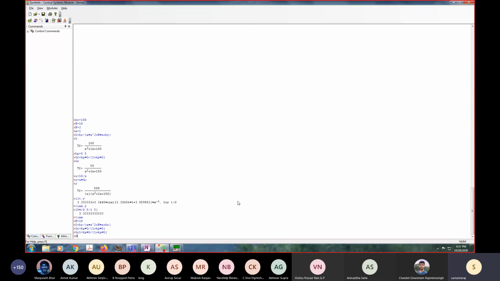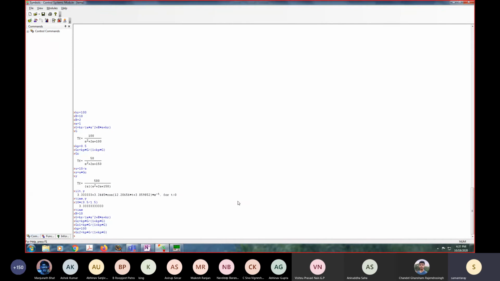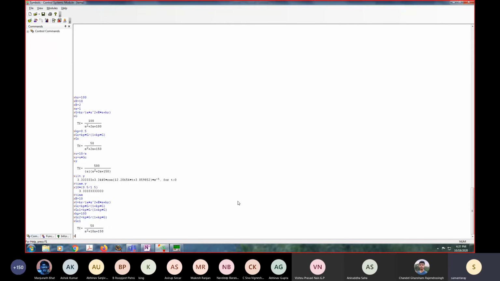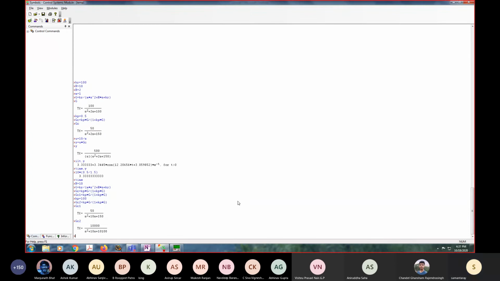So GC1 is with Kp equal to 0.5. Kp equal to, let's say, 100 for GC2. GC1 and GC2 are simply different in terms of the numerator. All right.